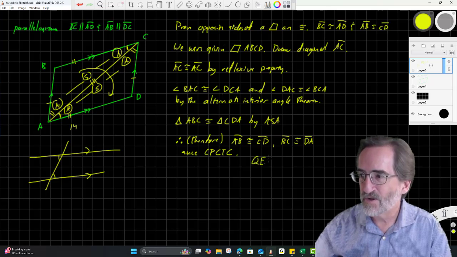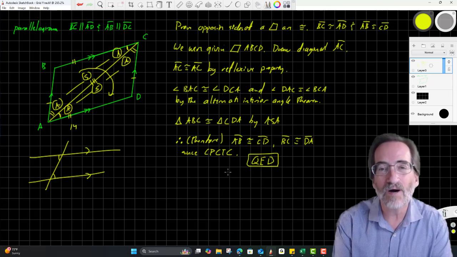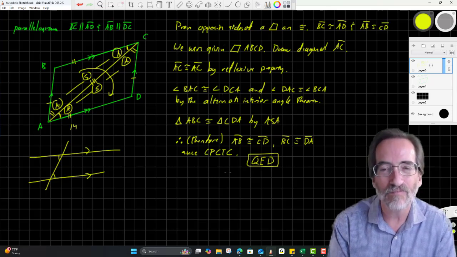QED, quod erat demonstrandum, I said it, therefore I proved it. So we've just proved that the opposite sides of a parallelogram are congruent.